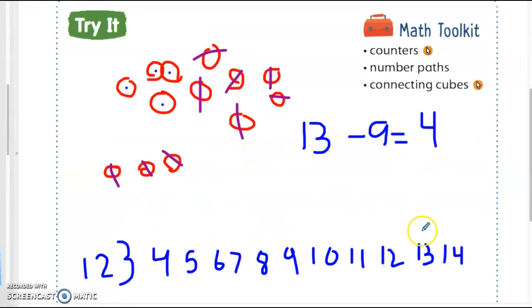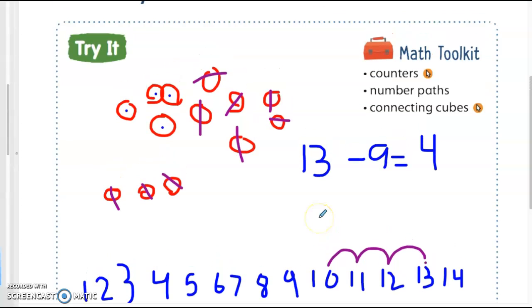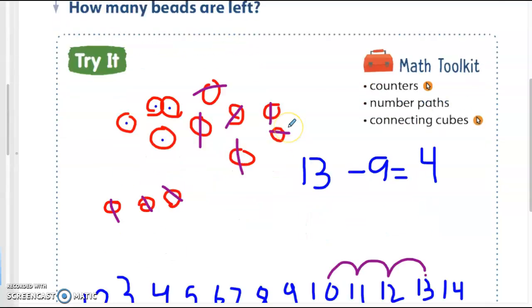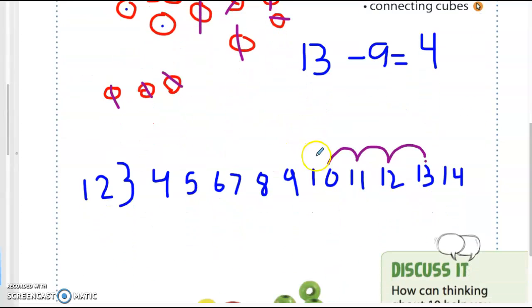Okay, if we start at 13 and we count back to 10, 1, 2, 3, how many more do we have to subtract? Right, we have to subtract 6 more. 1, 2, 3, 4, 5, 6.